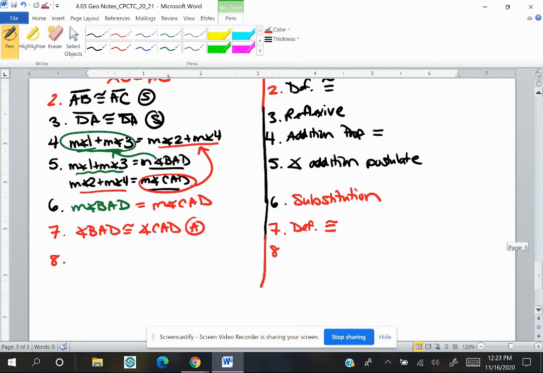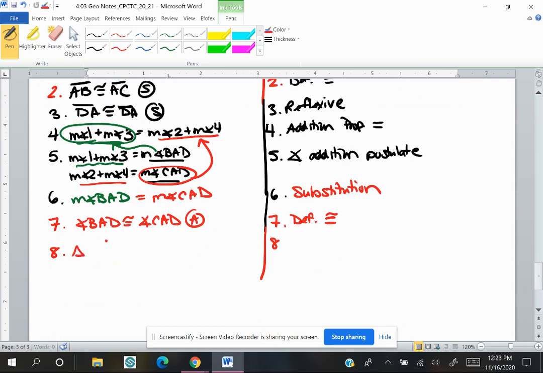So now I can say that triangle ABD is congruent to triangle ACD. And the reason, again, it's always going to be one of those 5 reasons, and we already said it because we got the 3 pairs of parts: side, angle, side.